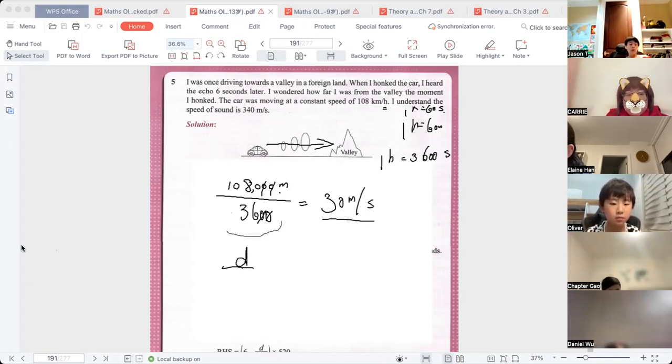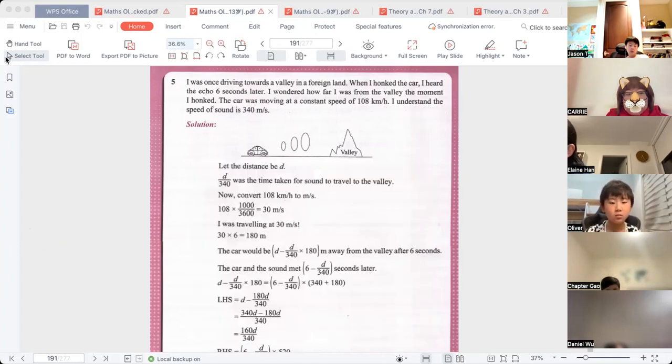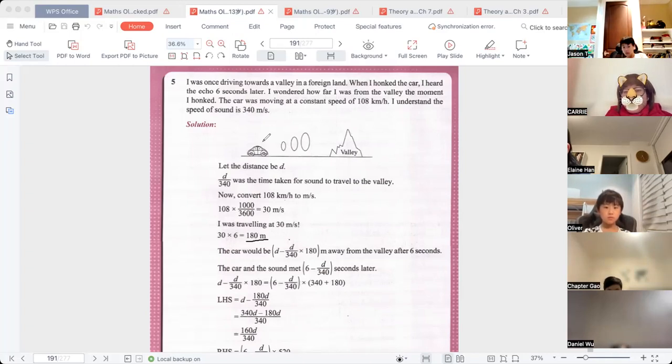My pen can't be used. So d divided by 340, okay? So the traveled is 180 meters altogether. Correct, everybody? My pen can't write. Because I honked the car, then 6 seconds later he heard back the echo. So altogether, in these 6 seconds, this car traveled 180 meters. Don't you agree with me?